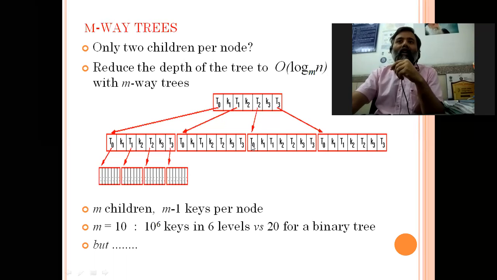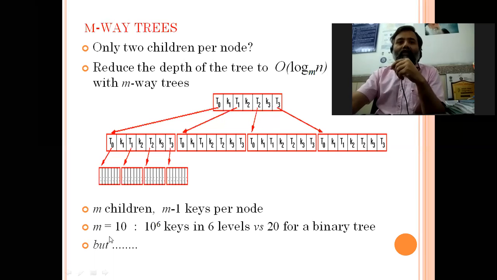Similarly, all the elements in the subtree pointed by T2 will be greater than K2 but less than K3, and all the elements in the subtree pointed by T3 will be greater than K3. The key values in the node itself will be K1 less than K2 and K2 less than K3, that is, in sorted fashion. So this is the idea of M-way search tree.